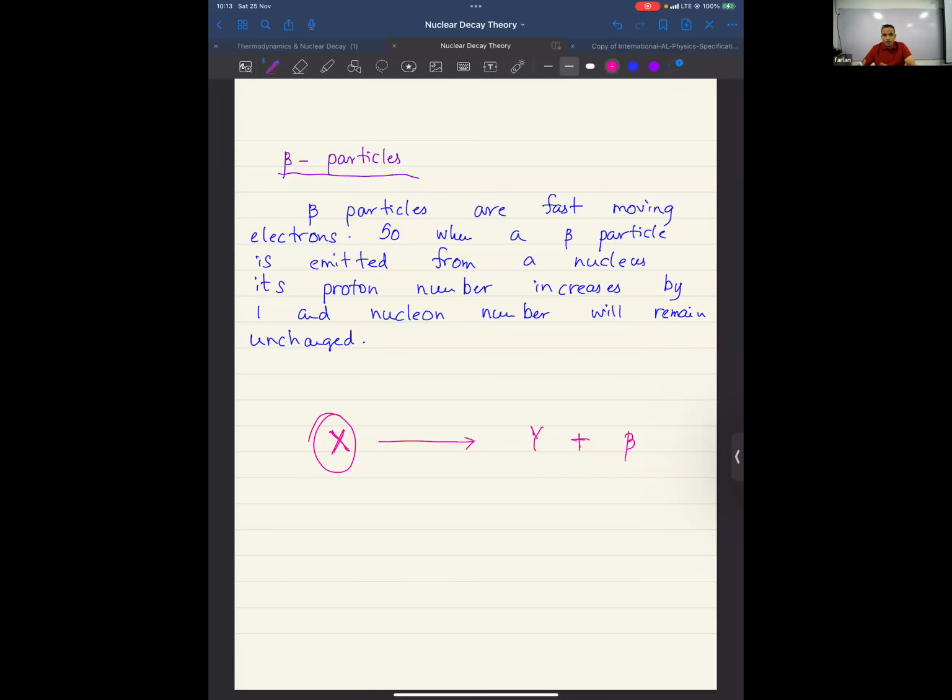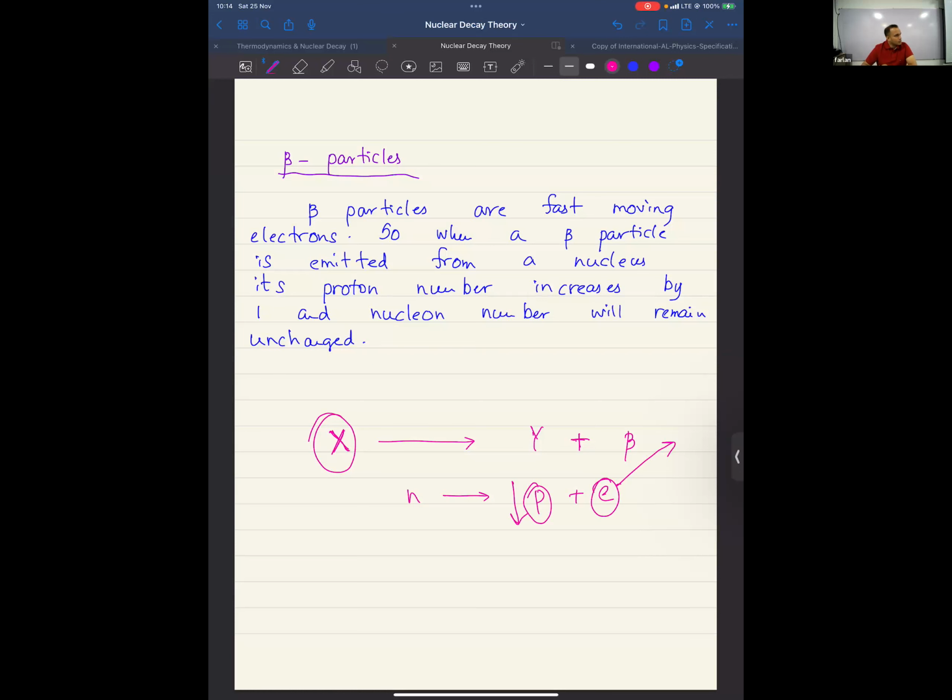So how is an electron emitted from a nucleus? Yeah, a neutron splits into a proton and an electron, and that proton will remain in the nucleus. This electron is what is emitted.